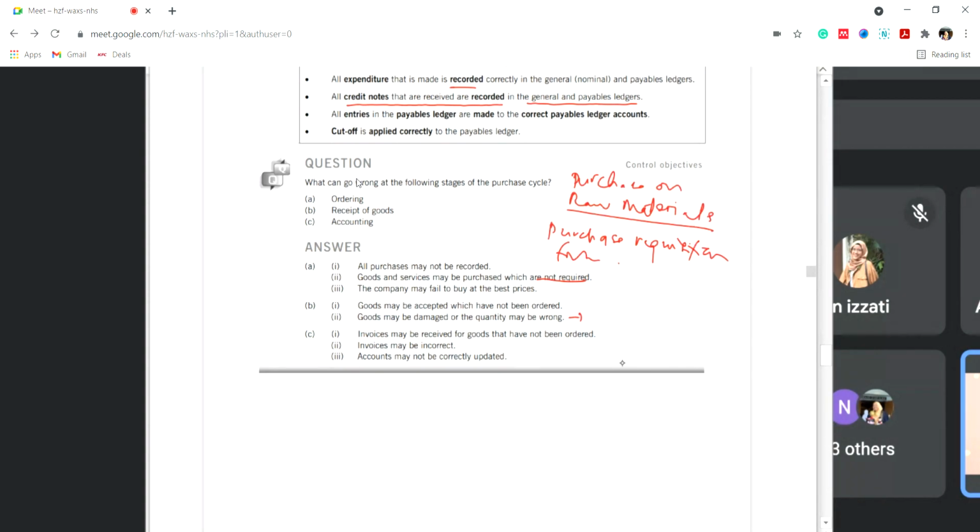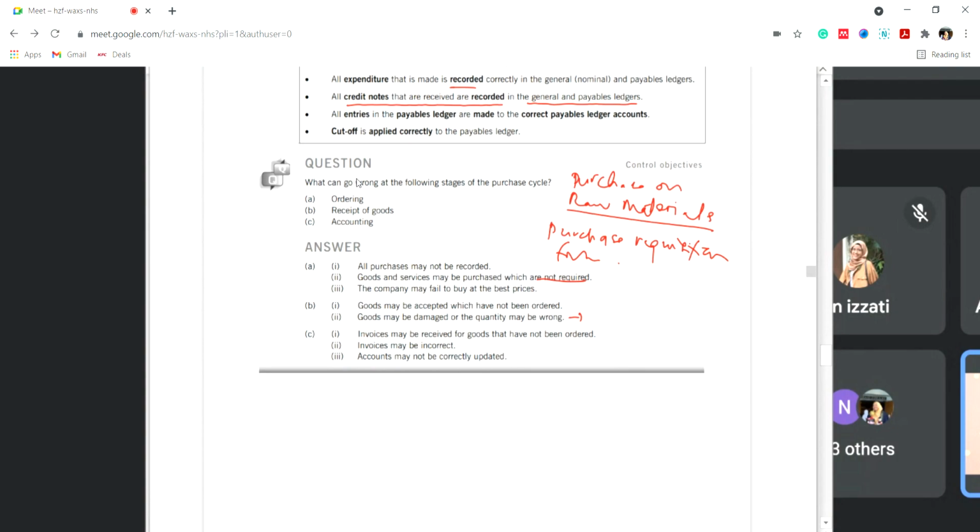Invoices may be received for goods that have not been ordered. The company might receive goods that they did not order if there is no proper approval, and invoices may be incorrect and accounts may not be correctly updated.